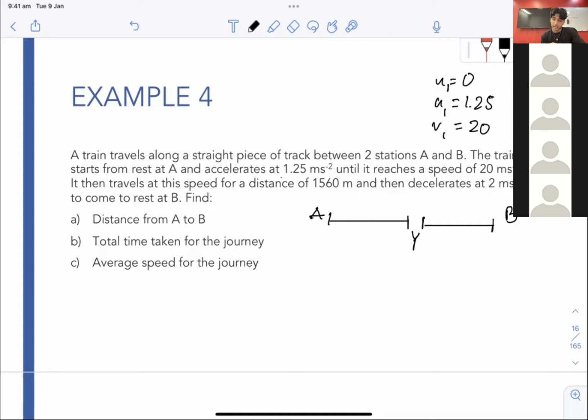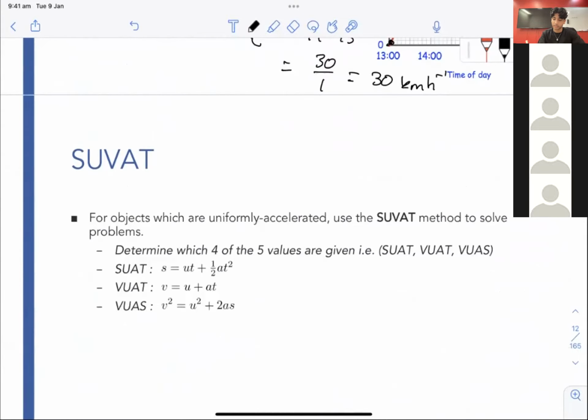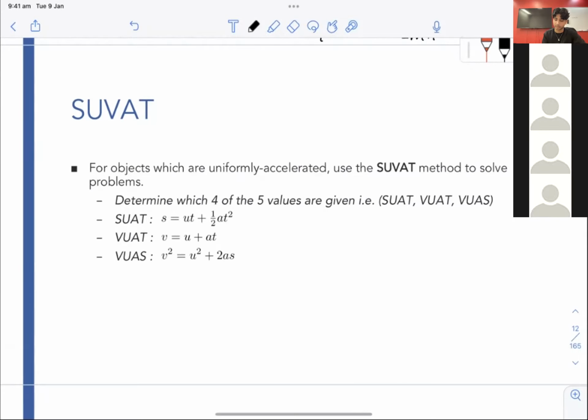Now, this is going to be a case of finding each segment's distance. The first part, we're given the initial velocity, acceleration, and final velocity, and we've got to find the S. So we have V, U, and A, and we're finding S. The equation we'll use is V squared equals U squared plus 2AS.